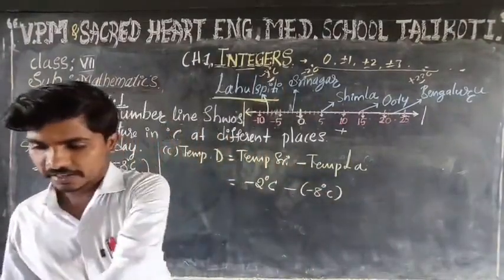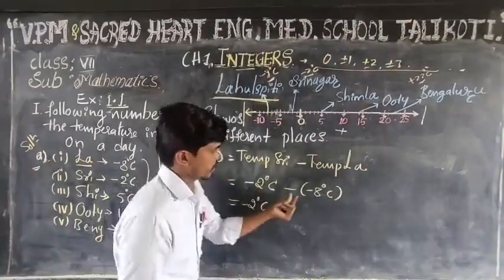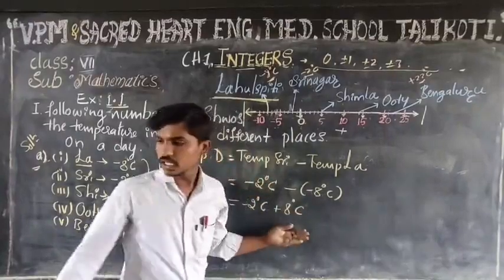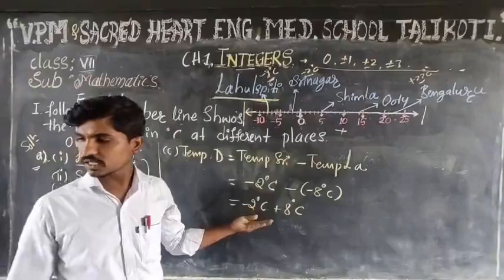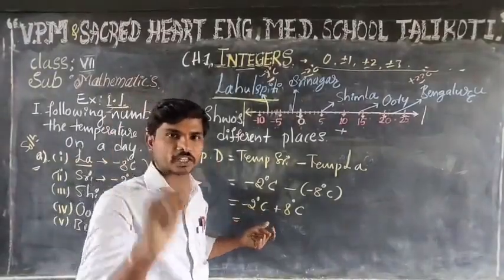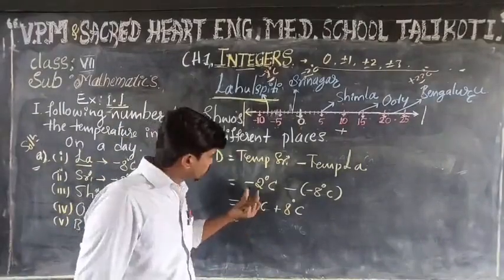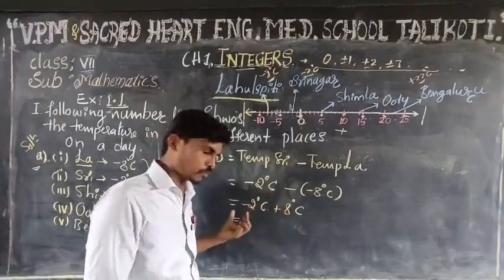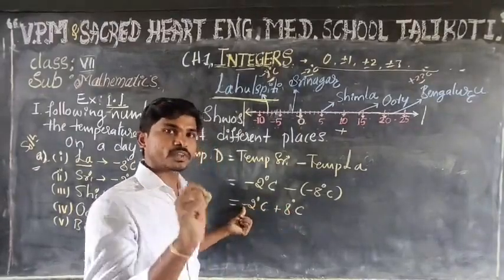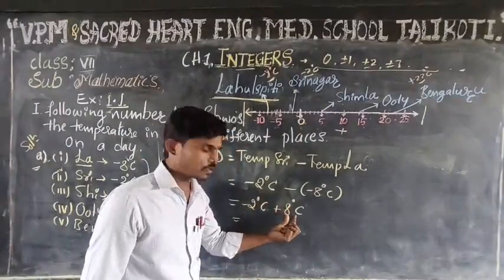Okay, now next you simplify. Minus 2 degrees Celsius, minus into minus is plus 8 degrees Celsius. Now what is the answer? Let me recall the rule which we learned previously. If both integers have different signs, what do we do? We go for subtraction. Subtract the smaller number from the bigger number.